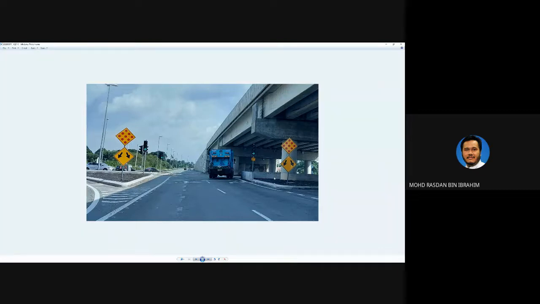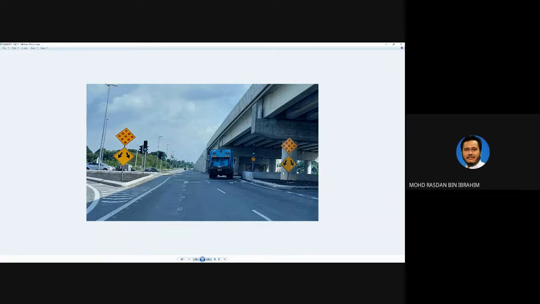So it should bend around, I forgot the value, if I'm not mistaken, about 1 meter. When it is hit, that guardrail will bend 1 meter. So the distance between the bending of this guardrail and the pier must be enough so that the bending will not hit this pier.